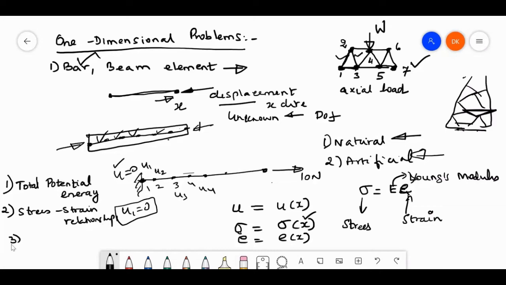And the third one, I am using the strain displacement relationship. I will tell you where I am going to use these. So everywhere these three relationships will be there: total potential energy, stress strain relationship, and strain displacement relationship.